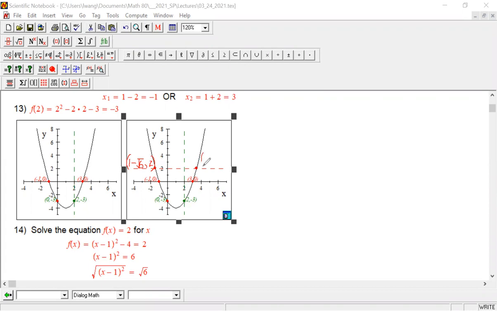And this other red dot is (1 plus radical 6, 2). See, vertical cut, horizontal cut. Does everybody follow? Consistency, right? Everything should be very, very clear.